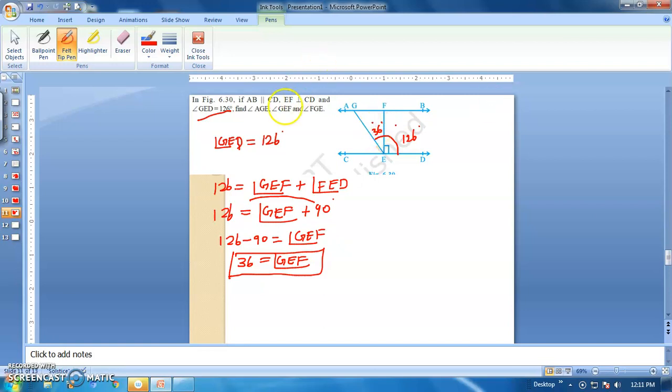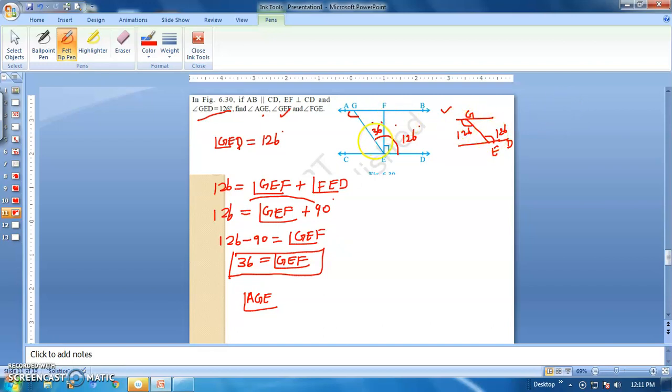Okay, we found GEF now. Next they are asking AGE, so angle AGE. From the diagram, they are asking to find this angle. These two are parallel lines. So this one is G, this one is E and this one is D. This is 126, given. What about this one? This one is also 126 because of alternate interior angles.